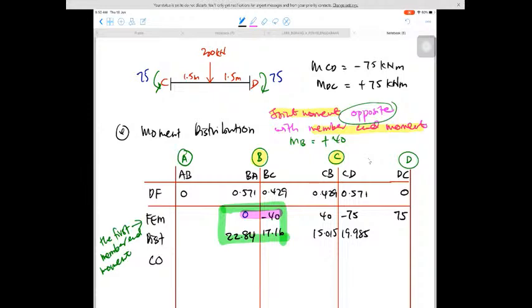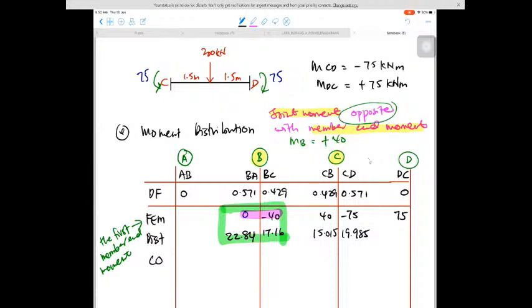The first member end moment values in the table we take from step number 3, which is the fixed end moment. Please remember that the fixed end moment is the first member end moment in the table. So after we put the row for distribution factor, the next row is for fixed end moment. We transfer all the fixed end moment values that we determined in the previous step into the table.